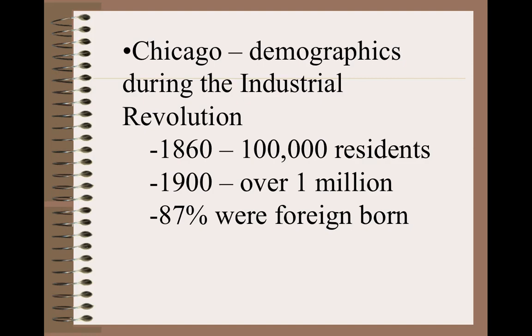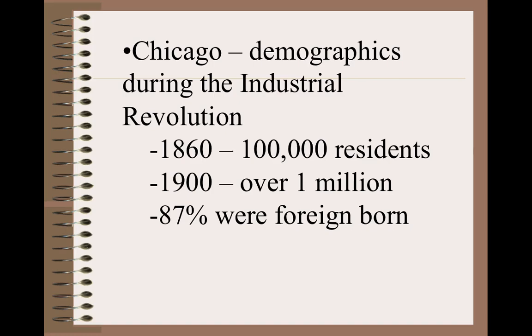They were foreigners. In fact, the biggest minority group in terms of immigrants in Chicago were Polish people. And there are actually more people at this time in Chicago were Polish than lived in Warsaw, Poland, which was the capital of Poland. So it's a very ethnically diverse place.